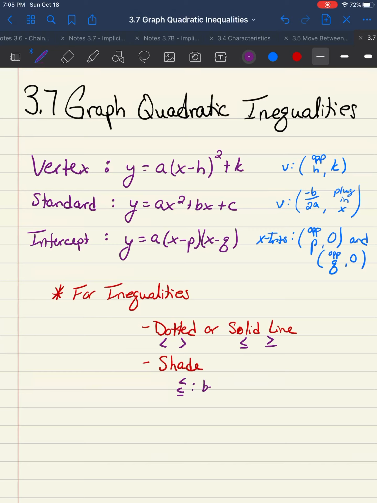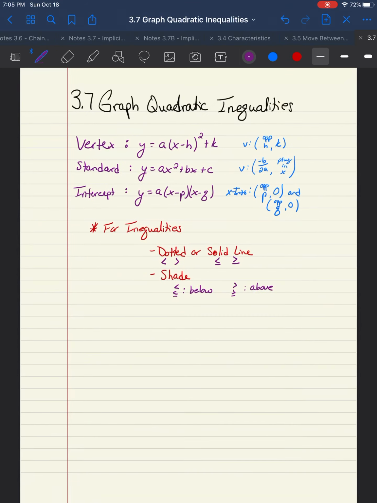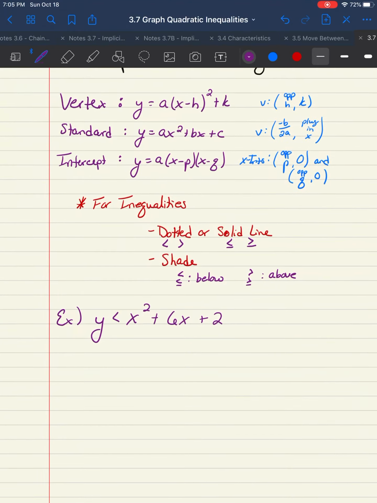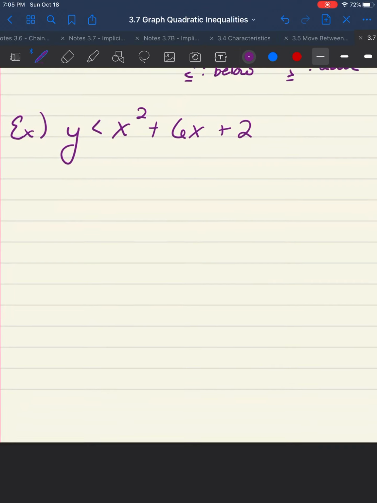So dotted line was when we had less than or greater than. Solid was when we had less than or equal to or greater than or equal to. And then as far as shading, when we had less than or less than or equal to, we would shade below. Greater than or equal to, we would shade above.